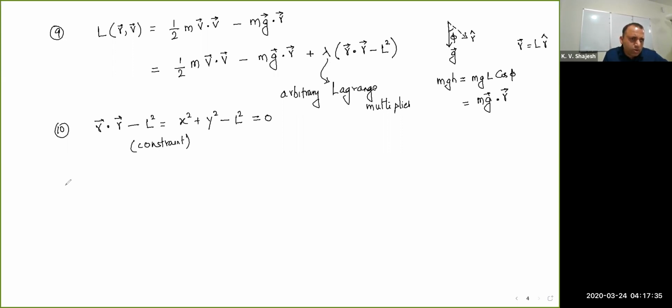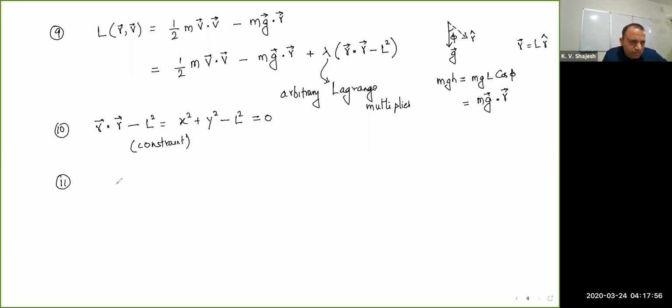And with this, now let's again work out our Euler-Lagrange equation. But this time we have both the coordinates in. We're not really using the equation of constraint the way we proceed in the Lagrangian formalism.